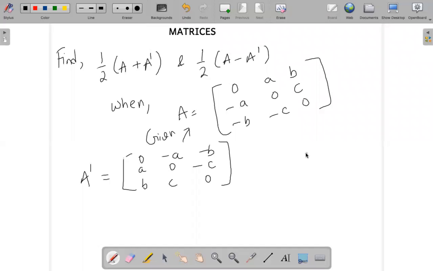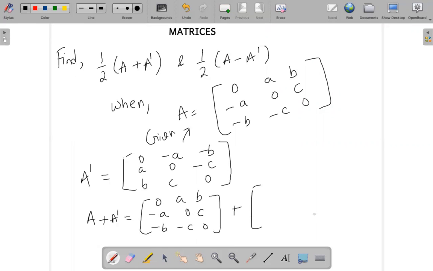Which is this. Okay, so let us put this and find the required one. Which is E is 0, B, minus E, 0, C, minus B, C, 0, plus this will be 0, minus A, minus B, and E, minus E, and E, C, 0.